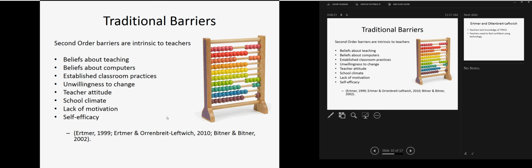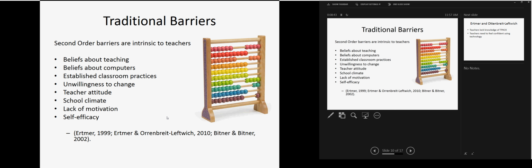Beliefs about computers, established classroom practice, unwillingness to change, teachers' attitude, the school climate and culture. A lot of that is the principal sets that vision for technology integration and establishes that climate and culture. That can be a barrier, and we definitely see that at times in schools.